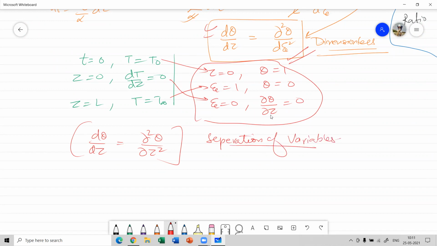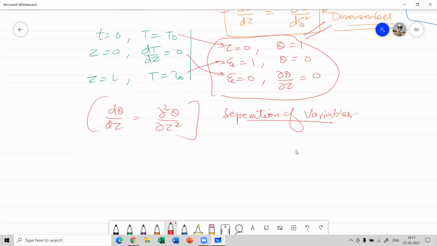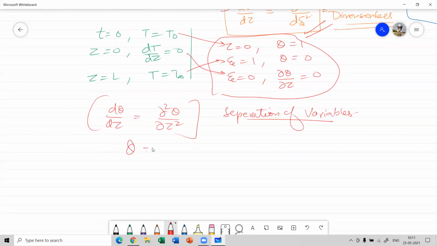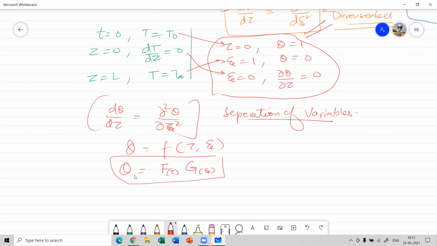In order to solve this, we represent theta, because theta will be a function of tau and zeta. So we can say that theta is a function of f and g, where f is purely in terms of tau and g is purely in terms of zeta, and the product of both of them represents theta.